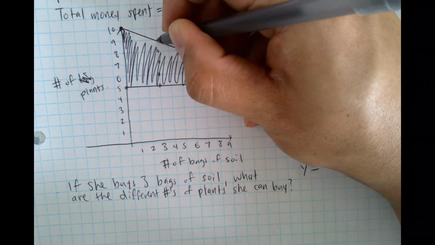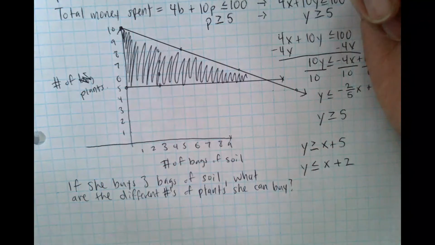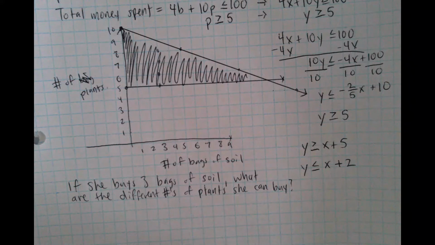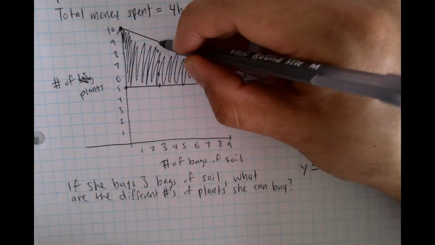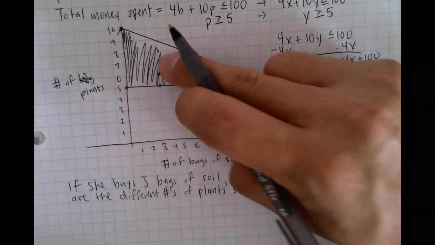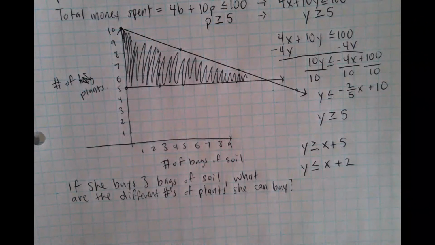Can she buy 9? If we put 3 for x, it's just below 9, so she can only buy 5, 6, 7, or 8 plants, right? She can't buy 9 plants.